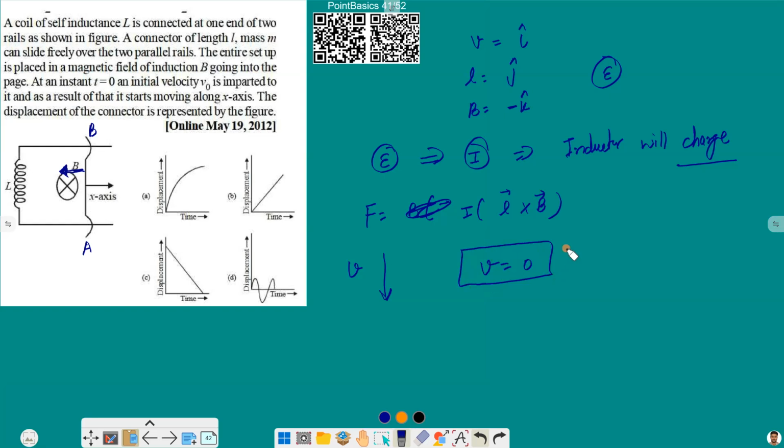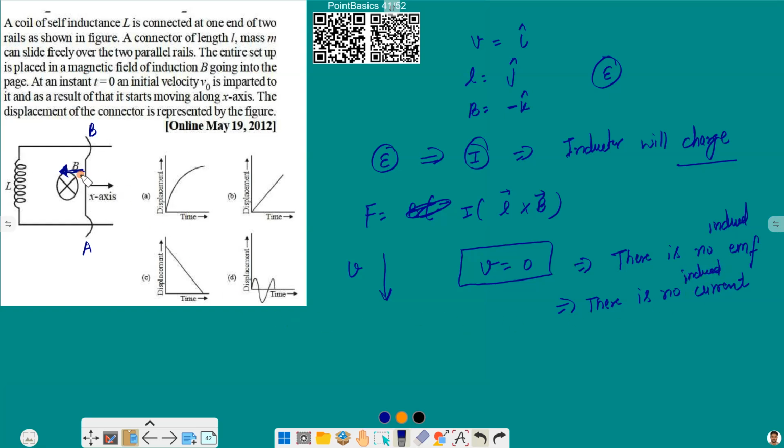Velocity reduces to zero means there is no induced EMF, and if there is no induced EMF, then there is no induced current.